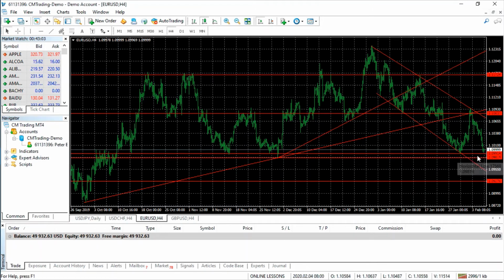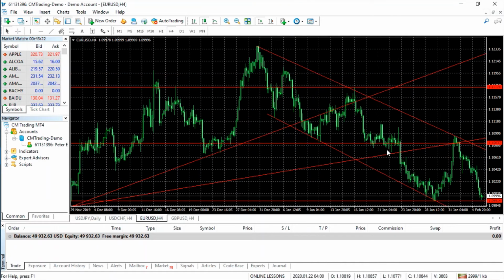So we might see the market bouncing off from this point, or we might see the market moving down to this zone around the trend line. So what you're going to do is just wait and see. But if it was for me, I'll take a long order from this point because of the support.